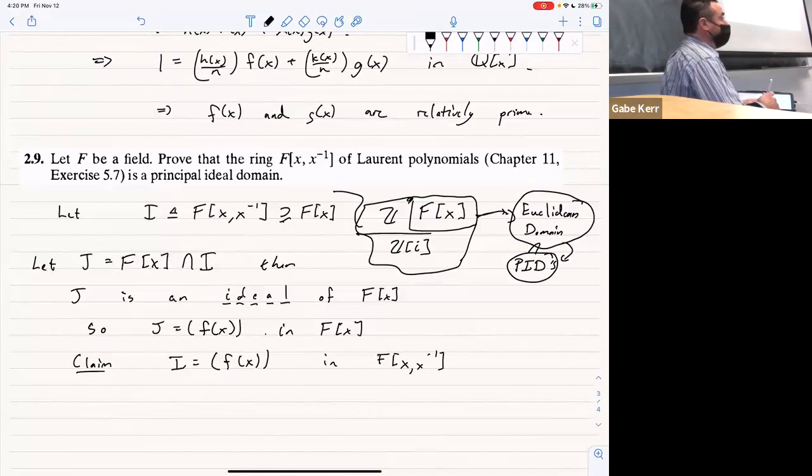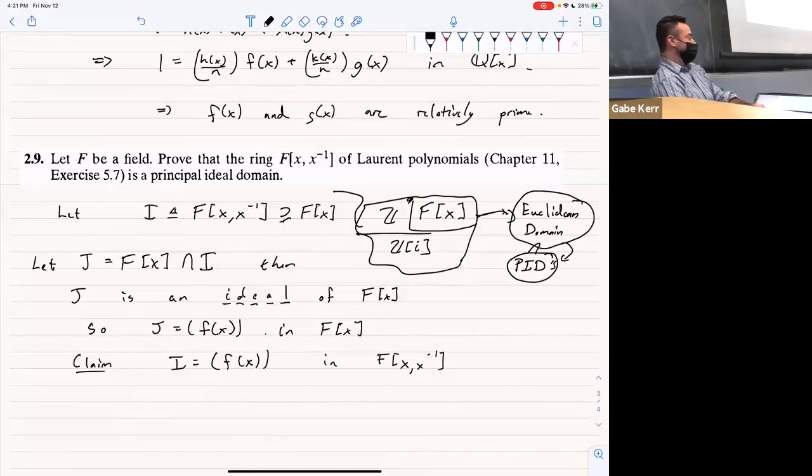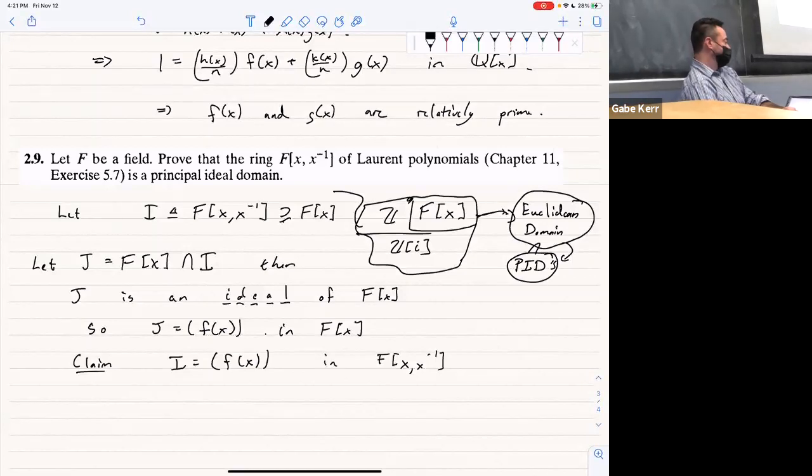Okay, so here's a hint of how to prove this, but I won't do it. If you have an element in I, and you want to show it's in this F[x], you can get it into the polynomials by multiplying by a suitable power of x.